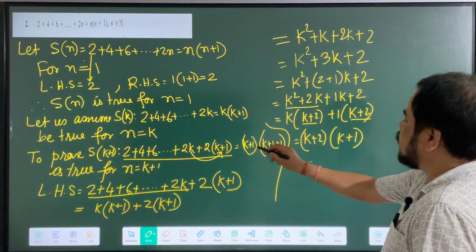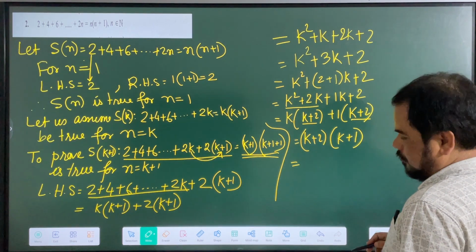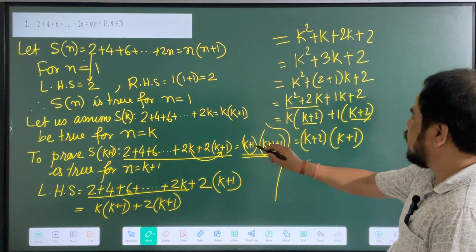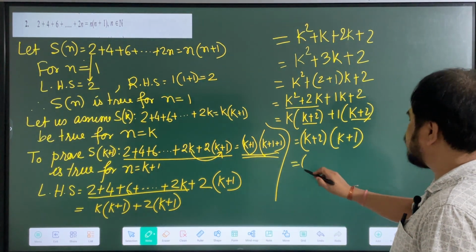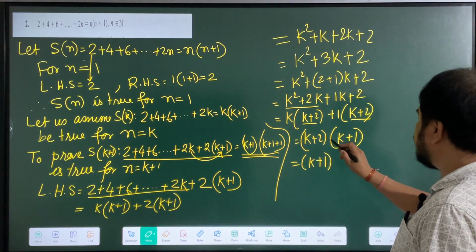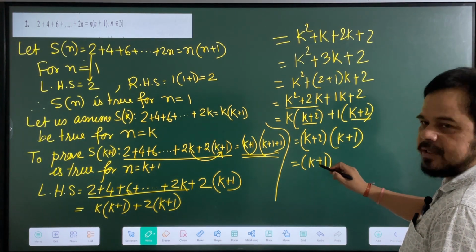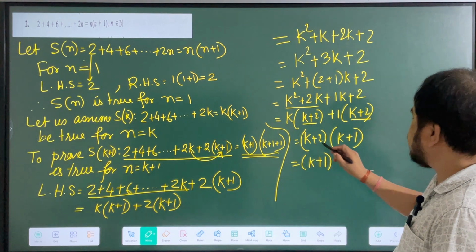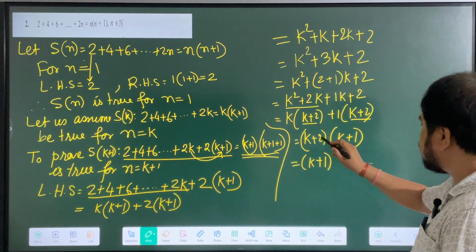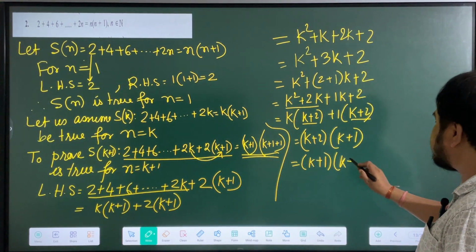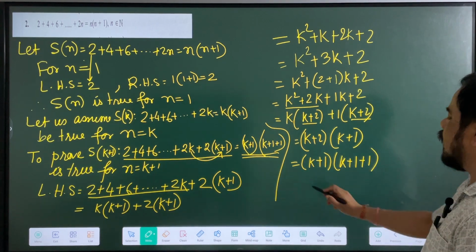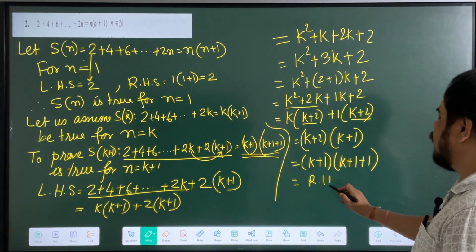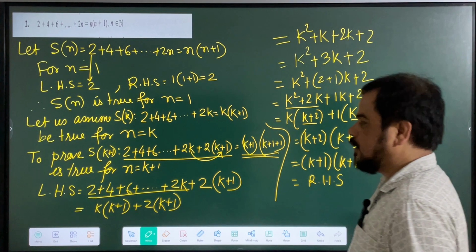Now we will see what is there in right hand side. This is right hand side. So in right hand side first there is k + 1. Let us write k + 1 first. In between there is a multiplication sign, no problem for it. Next there is k + 1 + 1, which is k + 2. So right hand side is the same as left hand side.